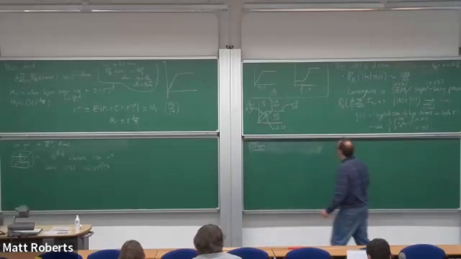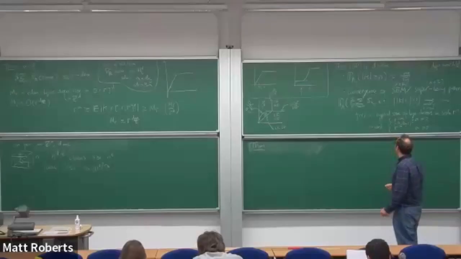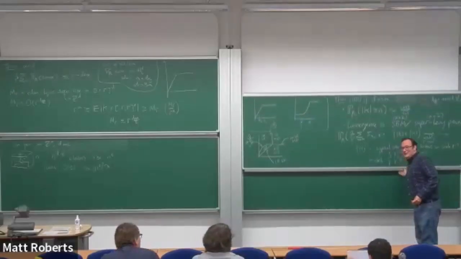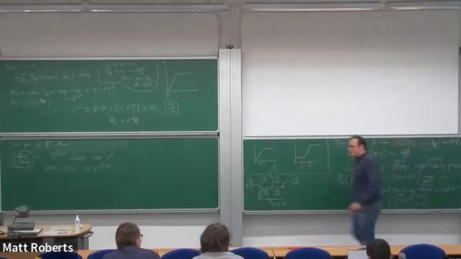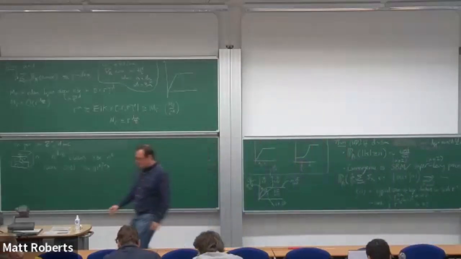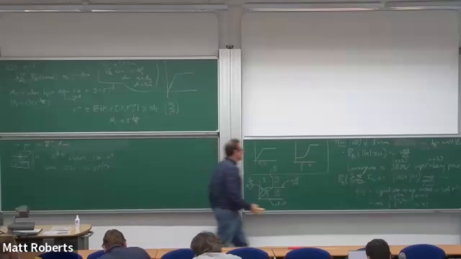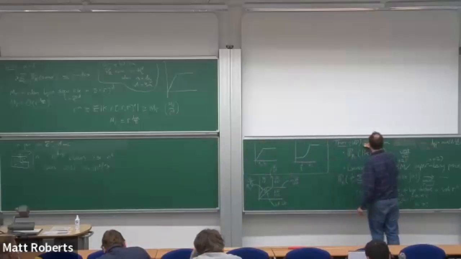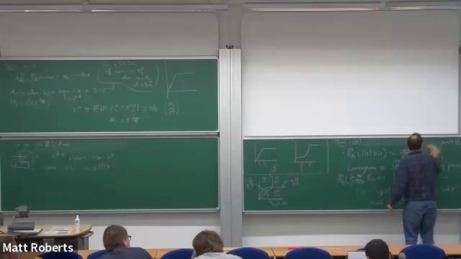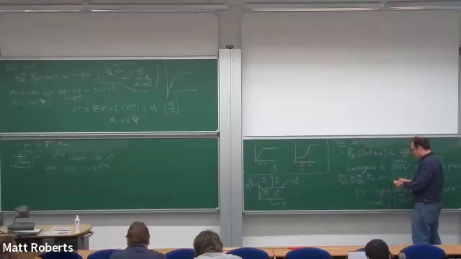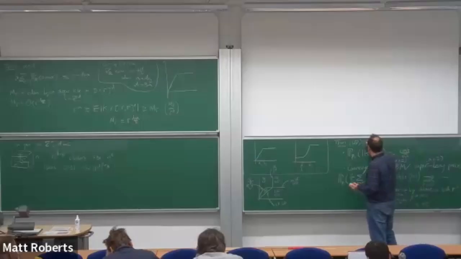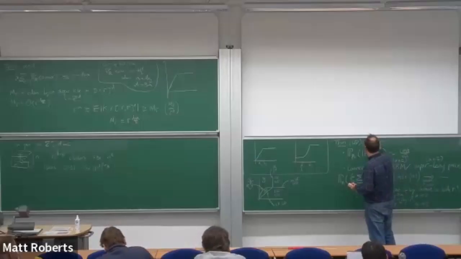Okay, so of course, the next thing to do is the critical dimension, right? In fact, maybe let me just modify what I wrote here. Okay, so let's suppose D equals 3 alpha and is less than 6.